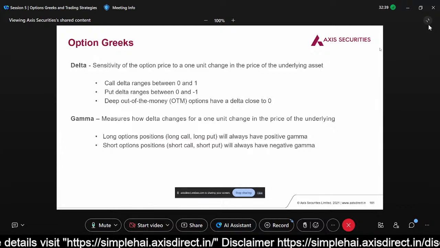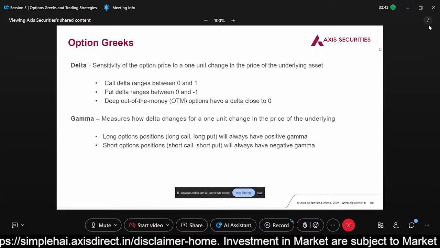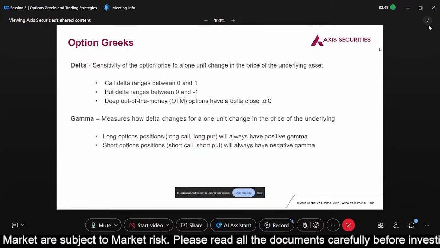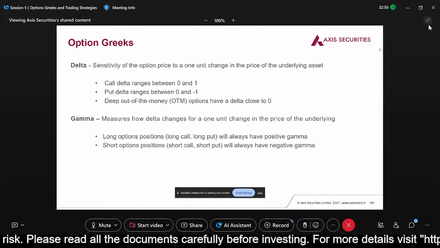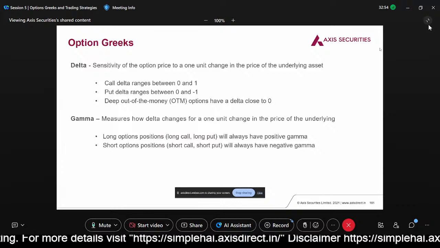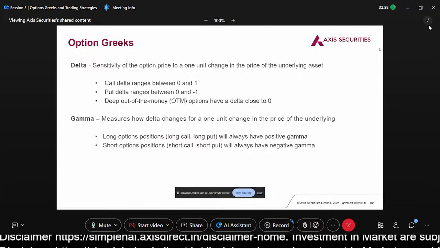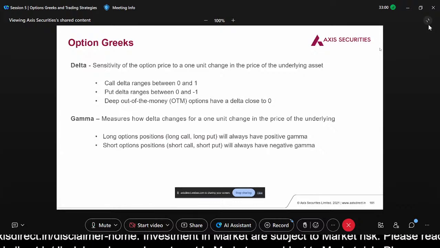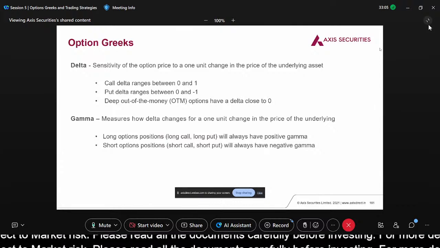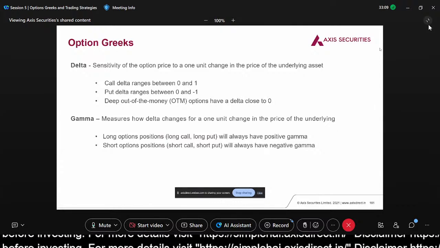As I said, with 0.50 delta, when the underlying moves by 100 points, the option at 50 rupees would move to 100 rupees, because it's a 0.5 delta. But does that mean the delta is going to remain 0.5? No, because the at the money option has now become in the money, so the delta is going to increase. That change in delta with regards to a change in price is known as gamma.